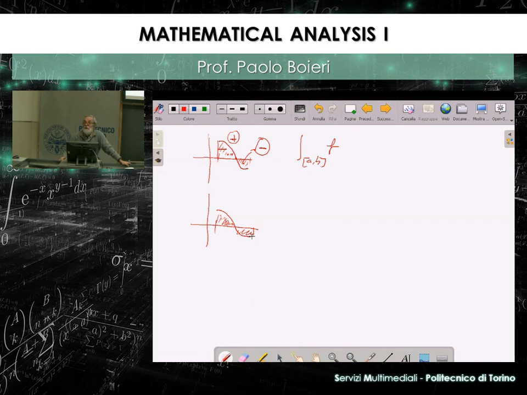Fine? And then, in order to have really the area of this, positive here and positive here, what you have to do? You need this to be positive, but also this to be considered positive. And then, for the positive part, it is not a problem.